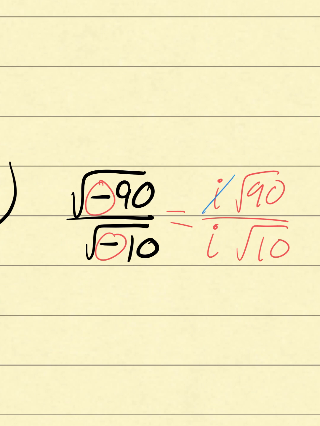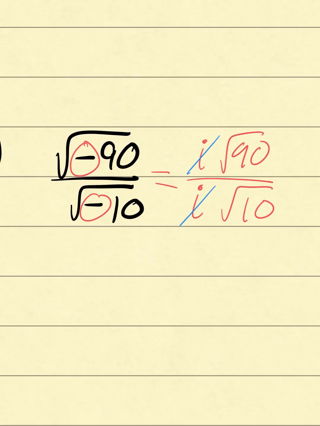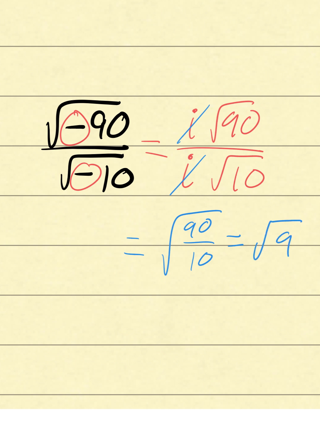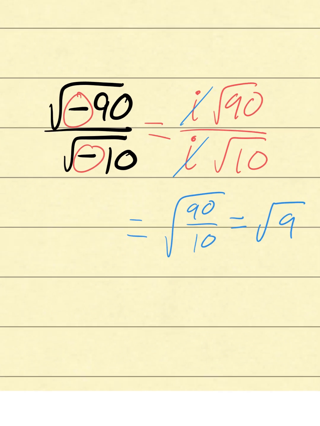And then i divided by i, that goes away. And then square root of 90 over square root of 10, since they're both under a radical, you can write them both under the same radical. So this is the same as 90 divided by 10, which is just 9. And then square root of 9 just gets you 3.